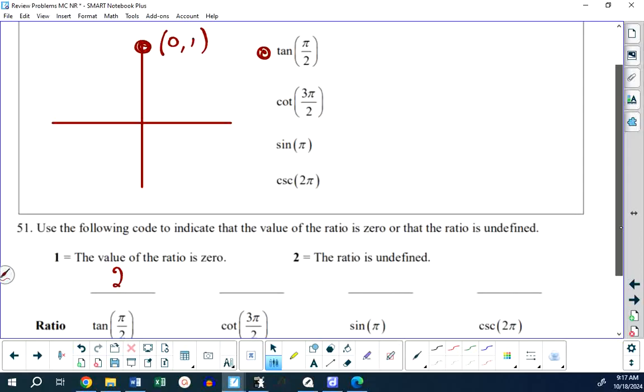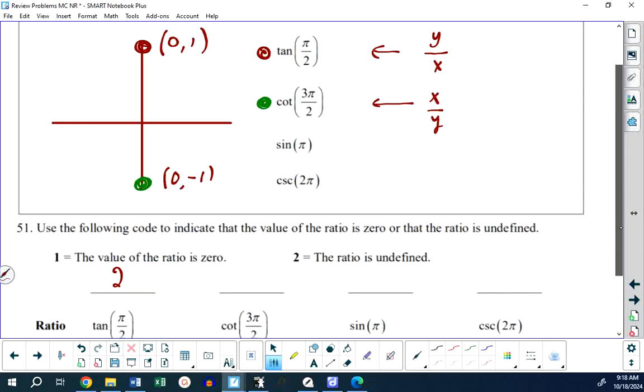What about cotangent of 3 pi over 2? Well, 3 pi over 2 is here. And what are the coordinates here? Because we're going to need them. This will be 0, comma, negative 1. Cotangent, this was y over x. Cotangent is x over y. So that would mean we would have at this point 0 over negative 1.